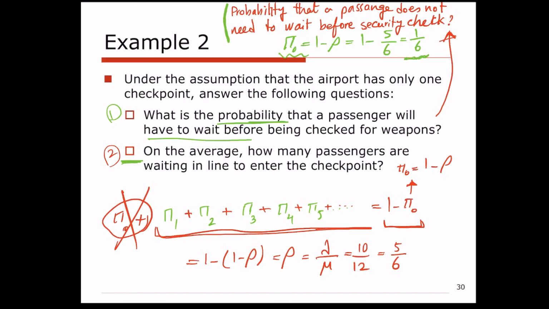On the average, how many passengers are waiting in line to enter the checkpoint? So how many passengers are waiting in line, right? That's LQ, the number of people that are waiting in line. We calculated the formula for LQ for an MM1 system, and that's rho squared over 1 minus rho.